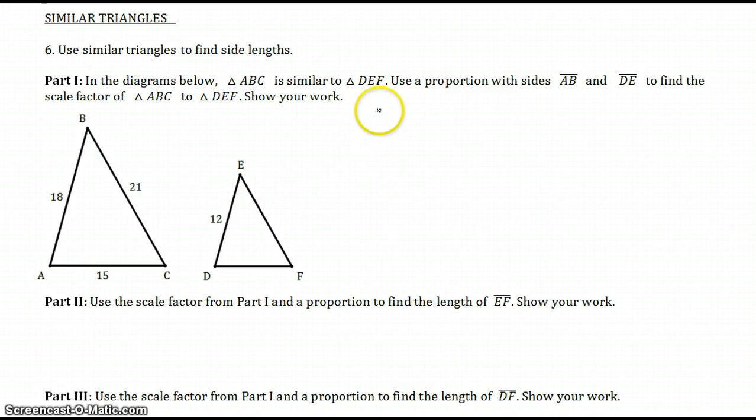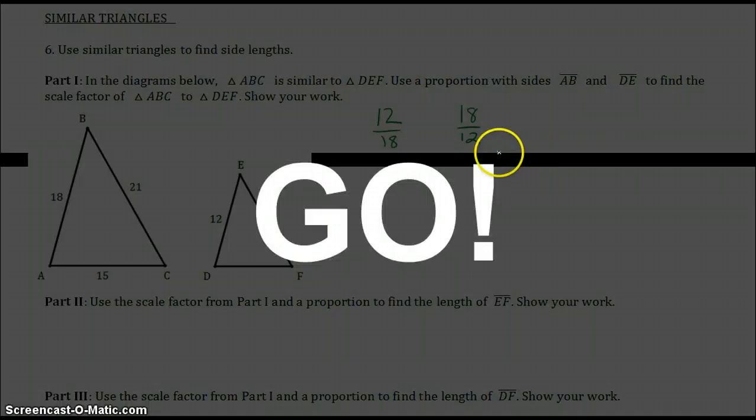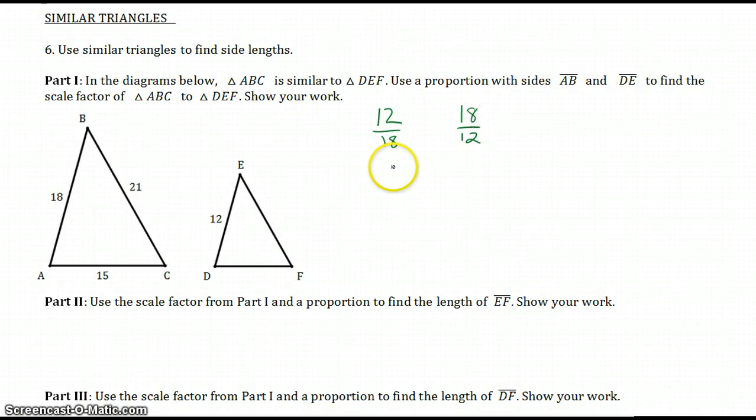So it's either going to be 12 over 18 or 18 over 12. And we need to figure out which one of those we're going to use. Well, both of these fractions reduce by 6. So if we divided the top and bottom by 6, we would get 2/3. And then if we did 18 over 12, that would be 3 over 2.